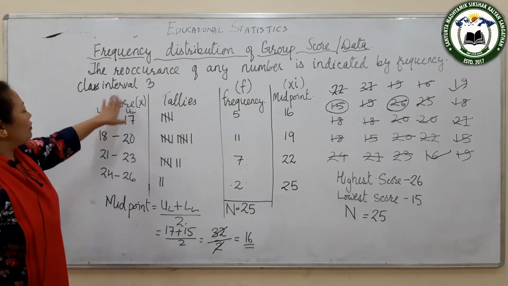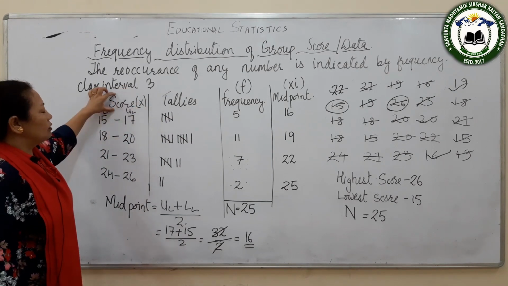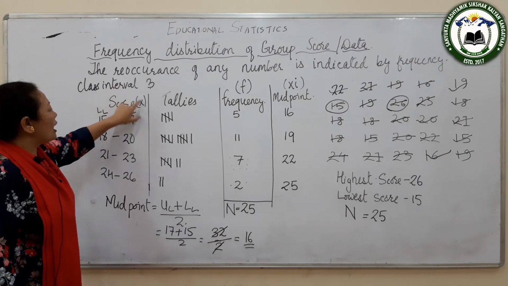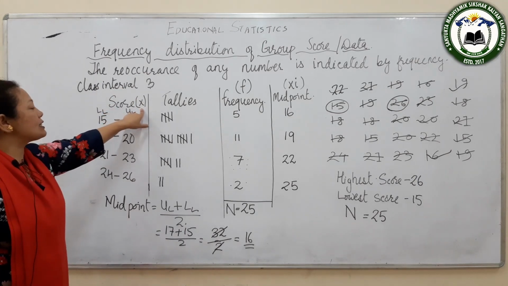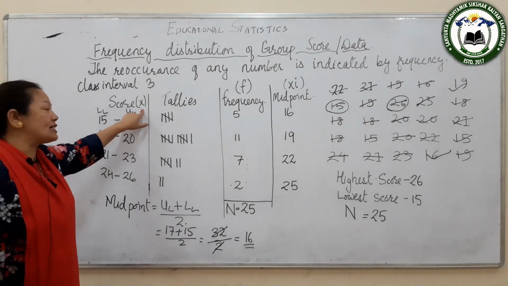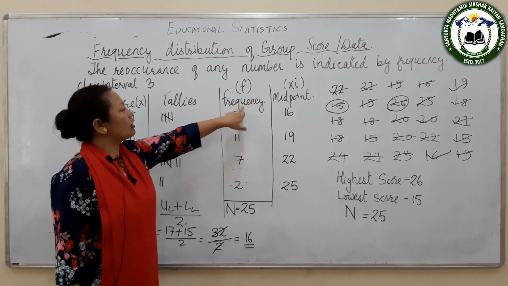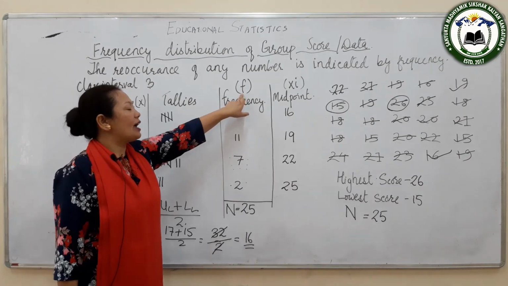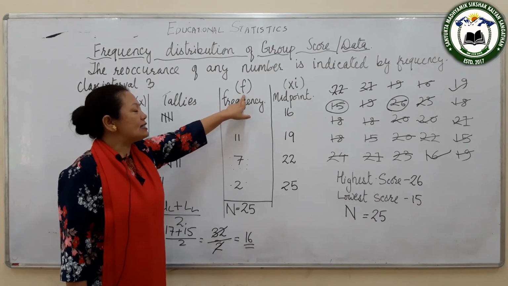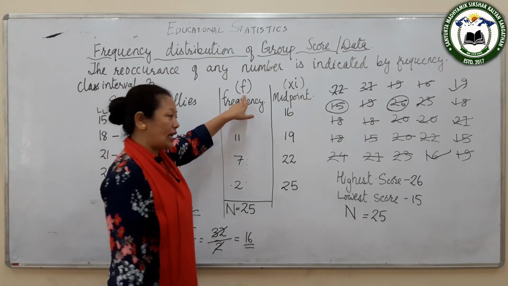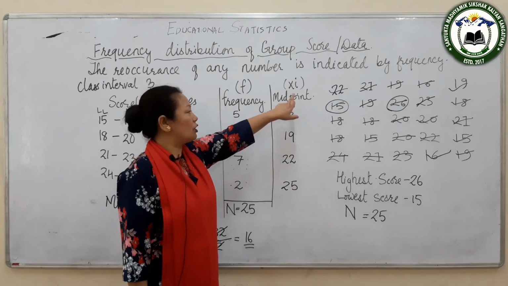Now in the score, I've written X. So X means the scores. This is the index of all the scores. Now over here, above frequency is my F in the bracket. This signifies frequency. Sometimes we write in a short way.